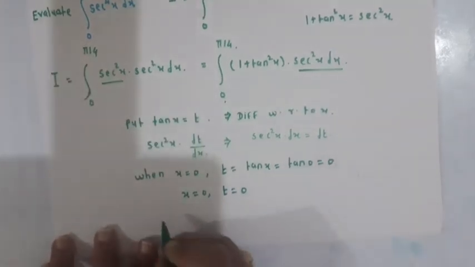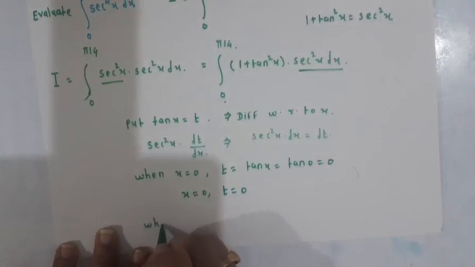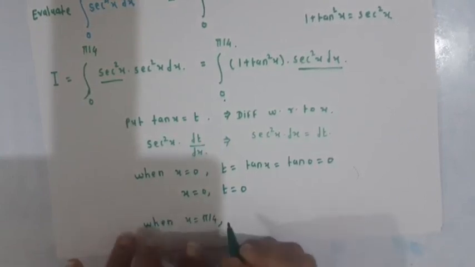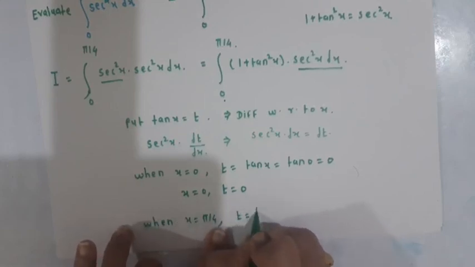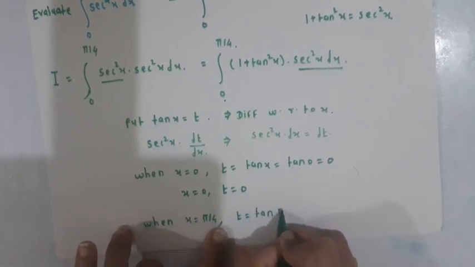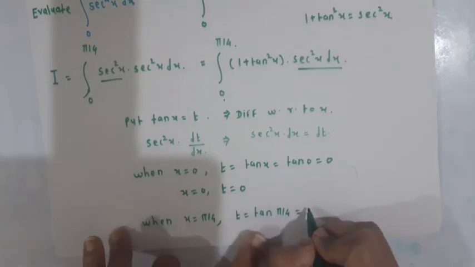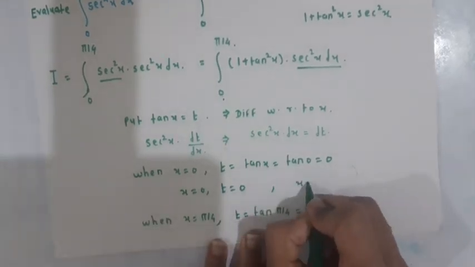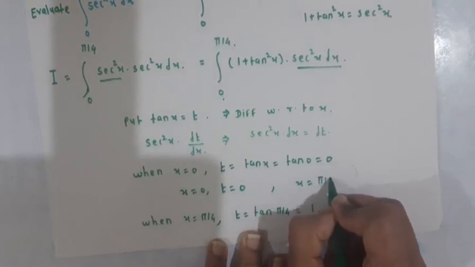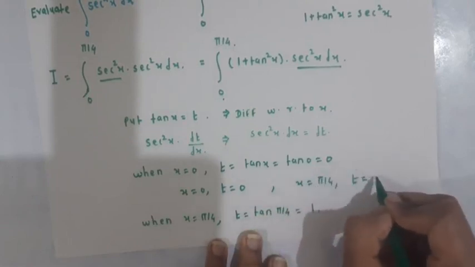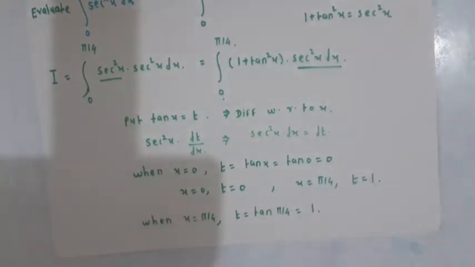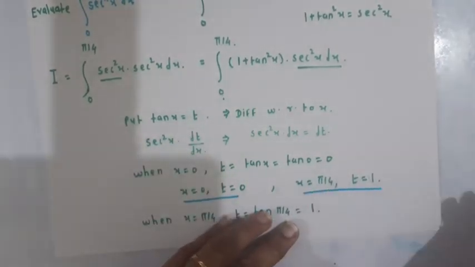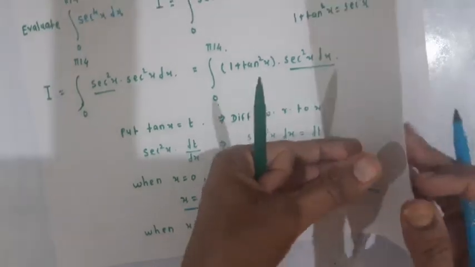Okay, and now when x equal to pi by 4, that is the upper limit, t equal to tan of pi by 4, and that is equal to 1. Therefore, when x equal to pi by 4, t equal to 1. These are the lower limit and upper limit of the integration.